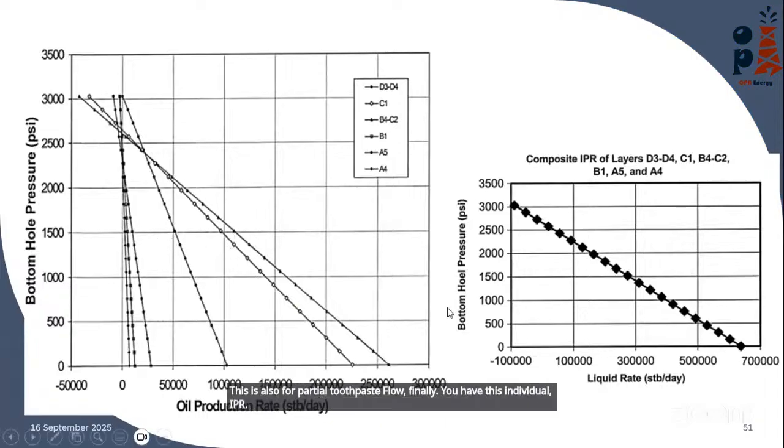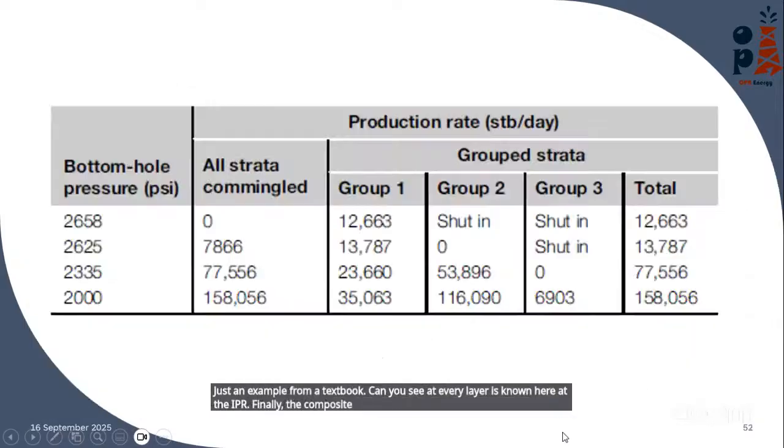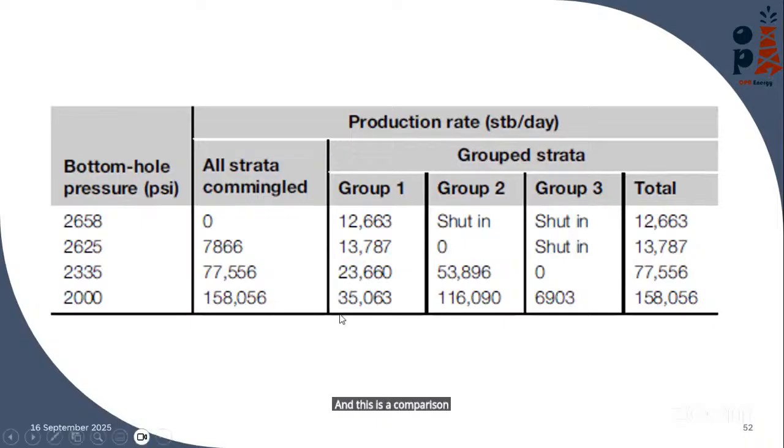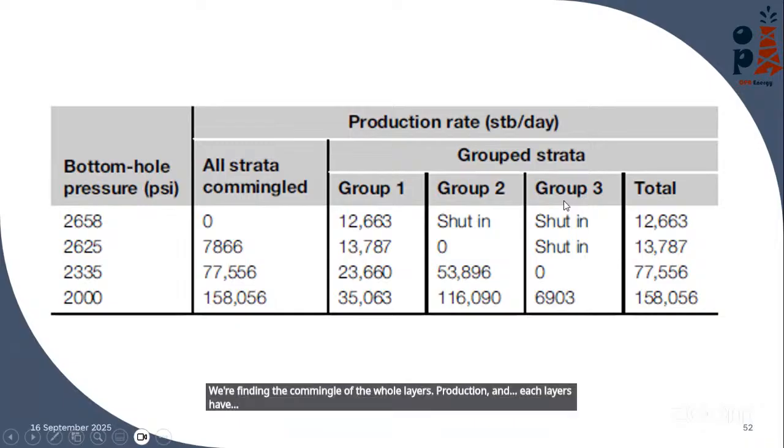This is an example from a textbook. You can see that the IPR of every layer is known here. Finally, the composite IPR is here, and this is a comparison of the data. When we decrease bottom hole pressure, we find the commingled production of all layers, and each layer has some production.